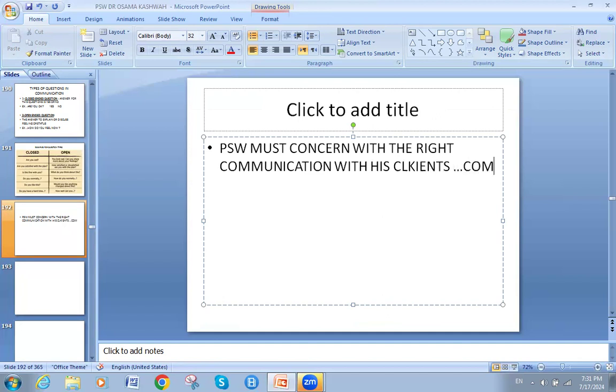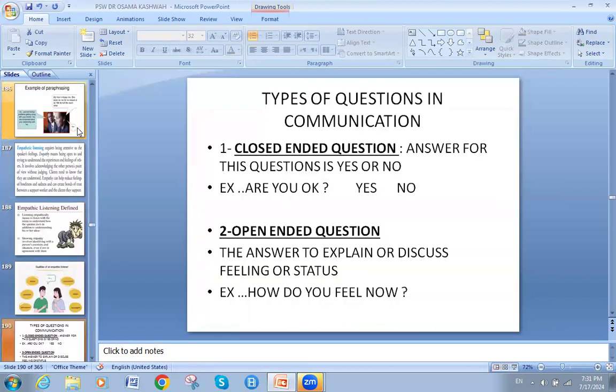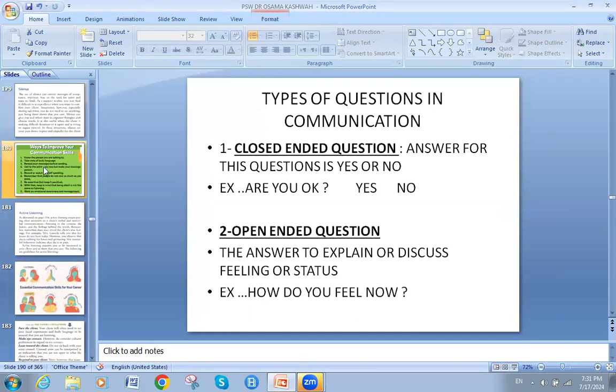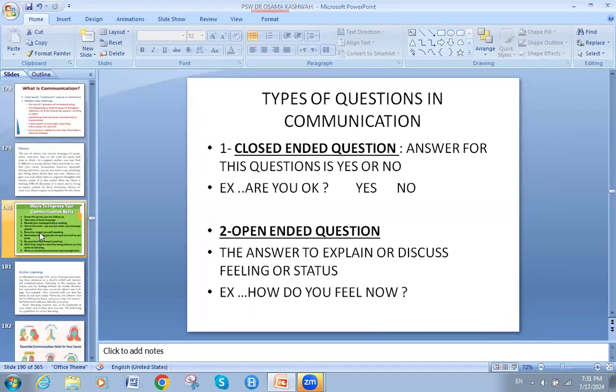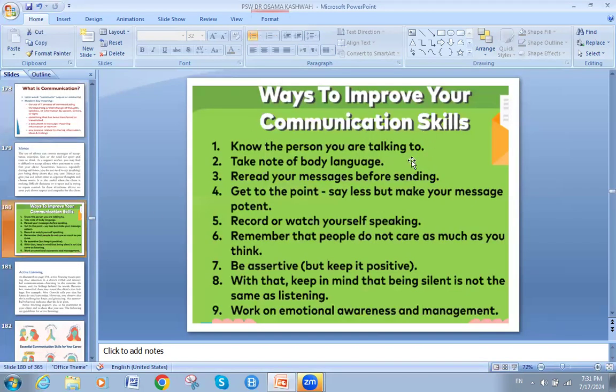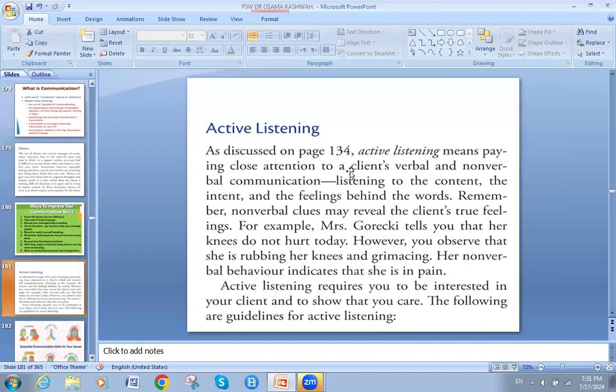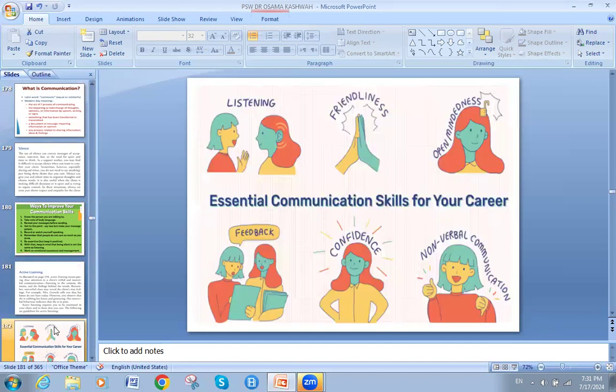Then comment. You will comment on this sentence. That means you will talk about the things we discussed, starting from passionate listening and so on, and how to improve your communication skills with your clients. Also, how to be an active listener, that you will add.